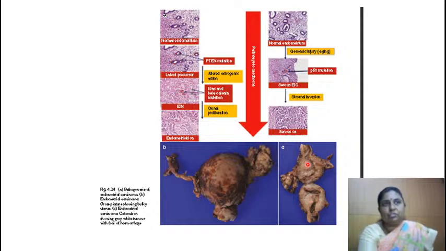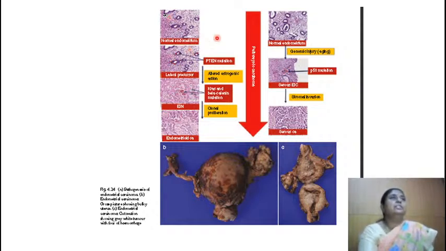When you do not have estrogens, what happens? Atrophy of the uterus occurs. Look at the small size of the uterus here. So this is type 1 endometrial carcinoma, this is type 2 endometrial carcinoma. Type 1 endometrial carcinomas are usually related to estrogenic stimulation, unopposed estrogenic stimulation.